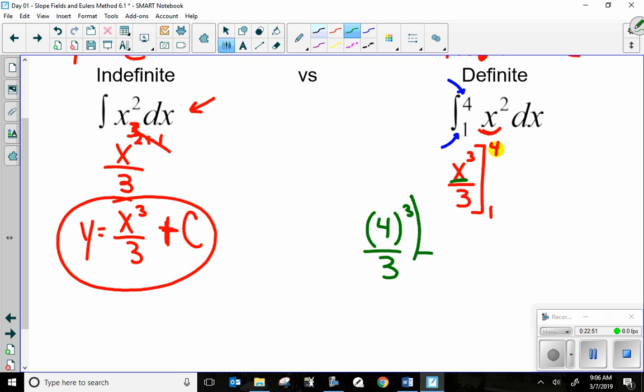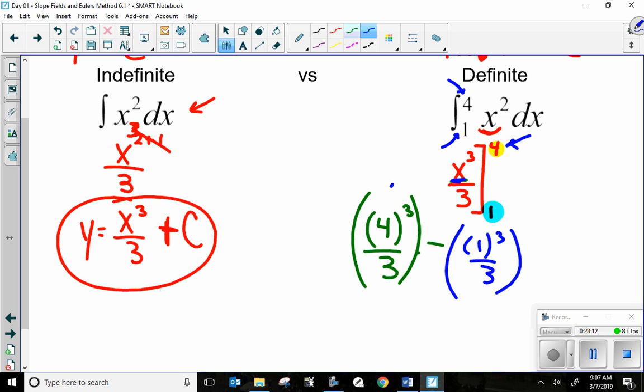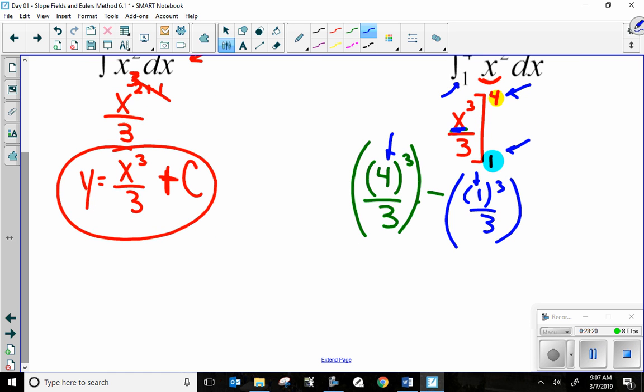And I subtract, plugging my lower bound in for x: 1 cubed over 3. That's it. I just want a difference there. I plug in my upper bound first, and I plug in my lower bound, and I subtract them, okay? Find the values separately, then subtract them.